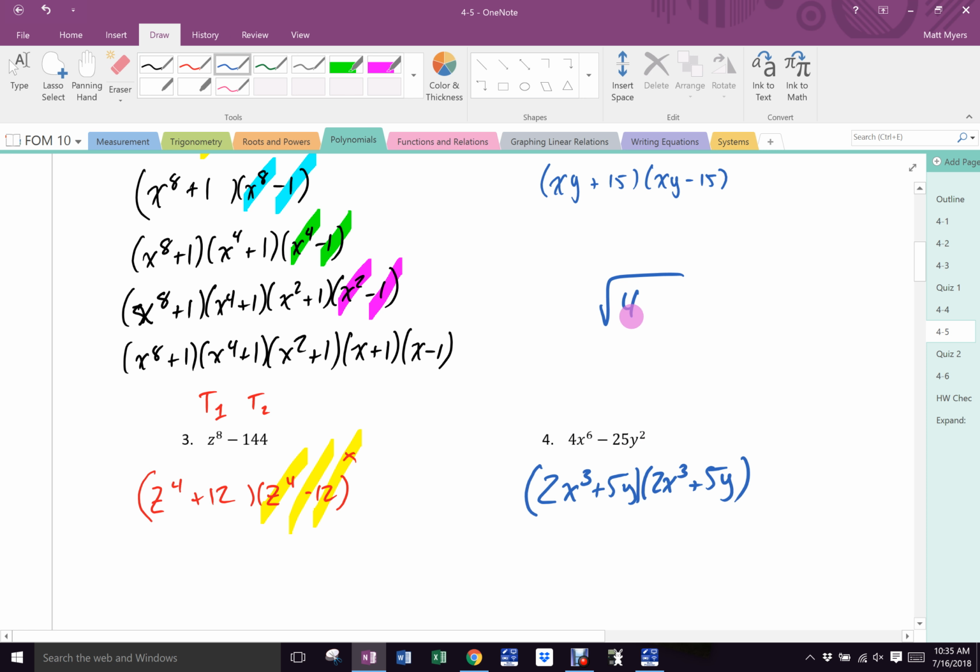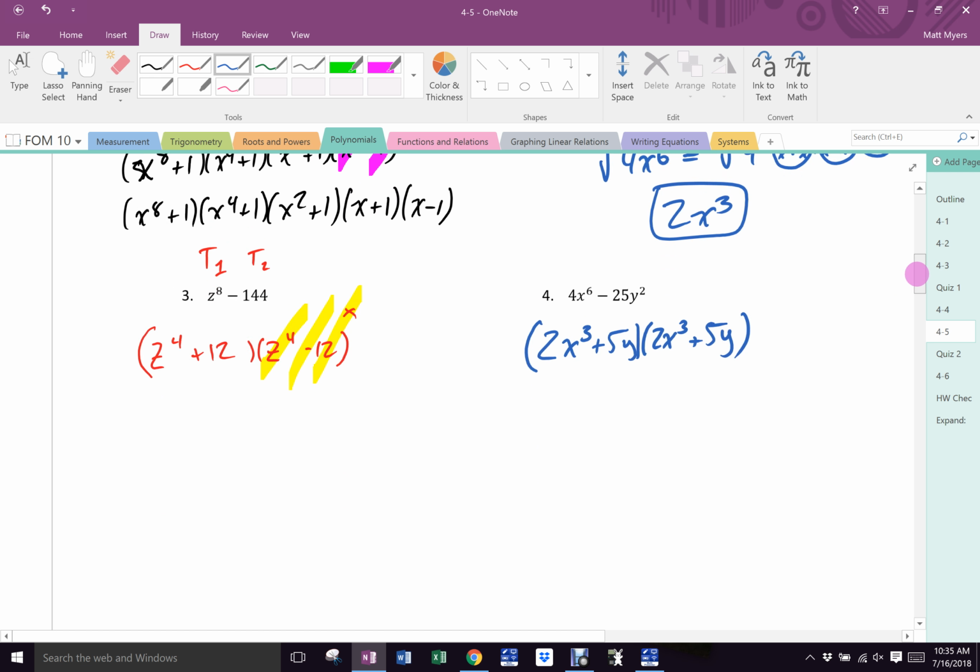We take the square root of 4x to the 6th, which is square root of 4 times x times x times x times x times x times x. Out comes the 2, 1 group of 2, 2 groups of 2, 3 groups of 2, 2x cubed. Does everyone see how it works?